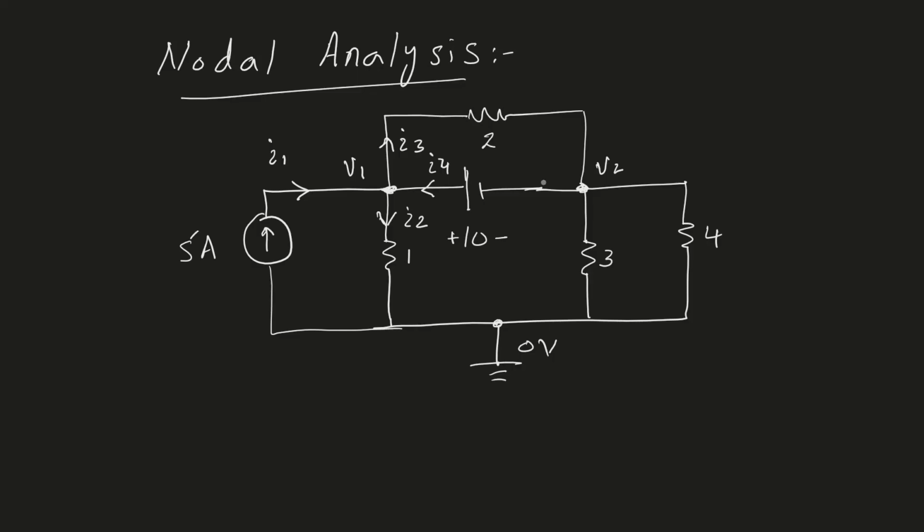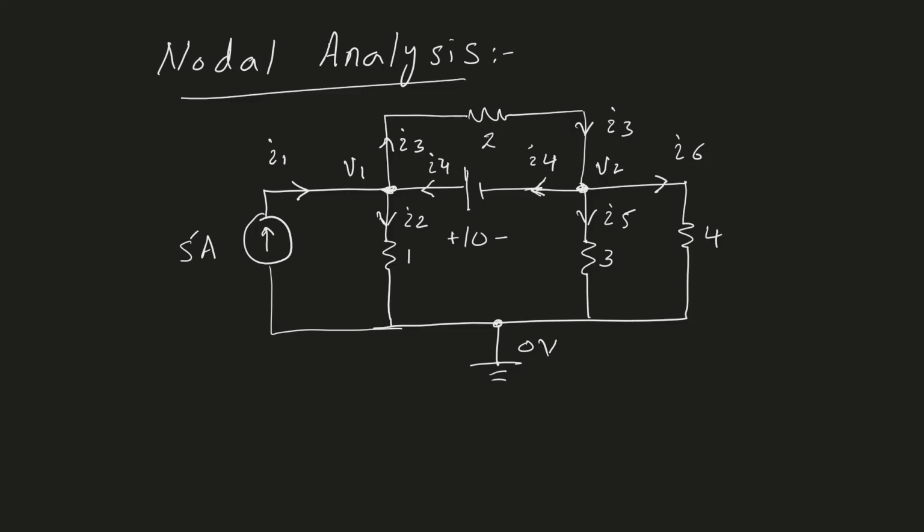At node 2, I will assume that I4 is still flowing in the same direction as we chose previously. I3 is also based on our previous choice. Here I will have I5, and the current in this branch is, let's say, I6. So these are our different currents that are either flowing into or out of our nodes.